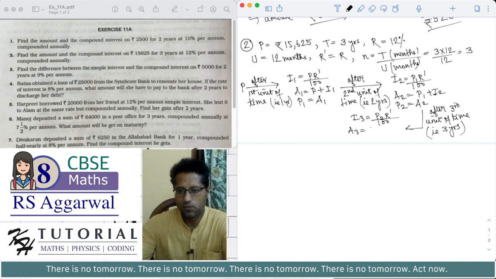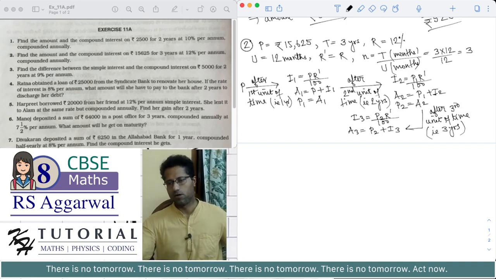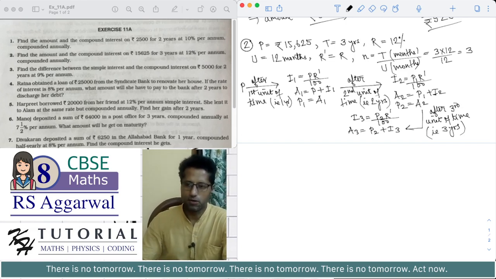A3 is equal to P2 plus I3, and we do not need P3 because this is the end of the last unit of time. So the final amount will be A3, and the compound interest will be A3 minus P, where P is the original principal.